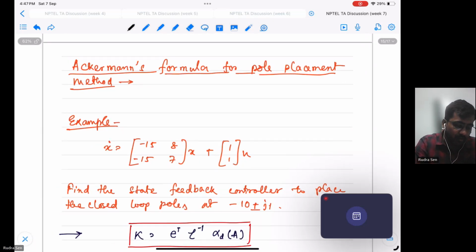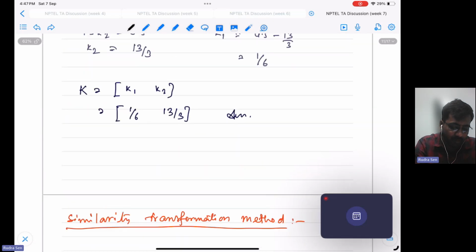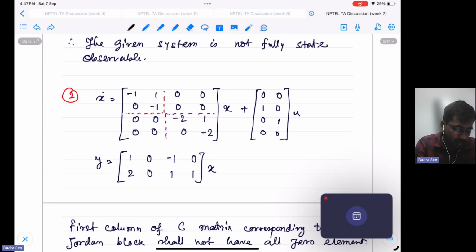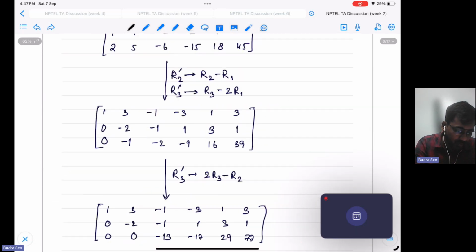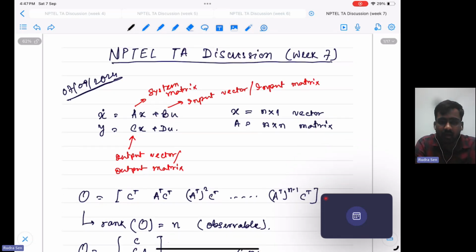Okay. So this is for today's class. Today we have studied observability. Previous week we have studied controllability. Today we studied how observability affects the systems. I mean, how can we get the information of the initial condition based on the output of the system? That is basically observability.